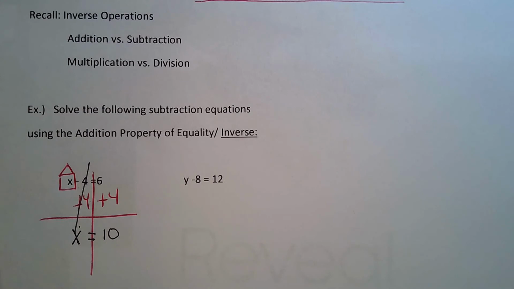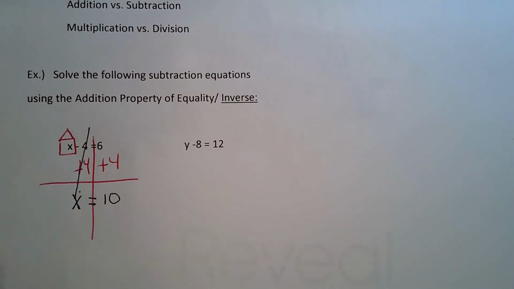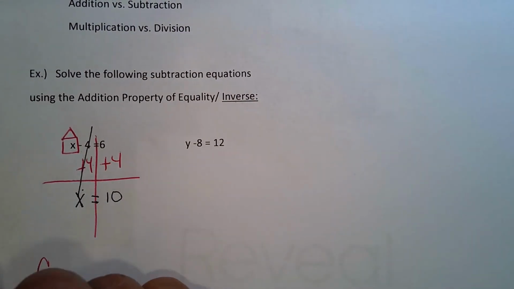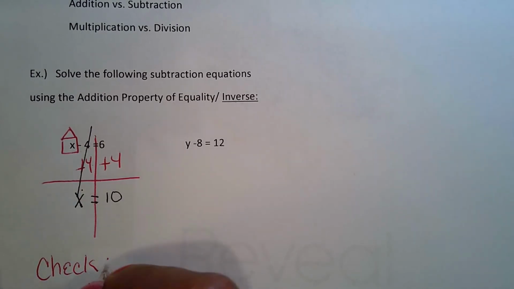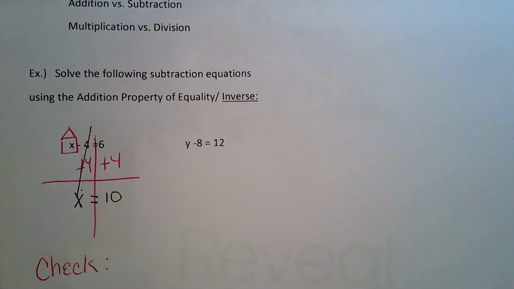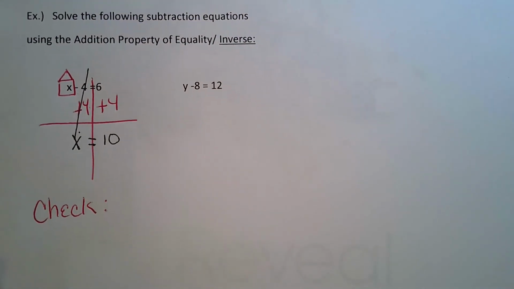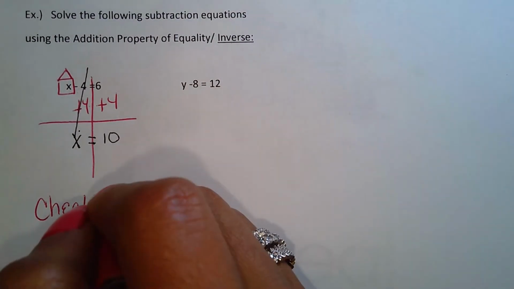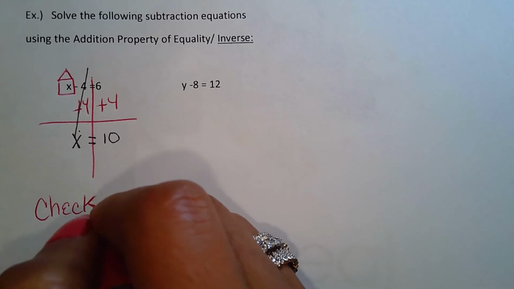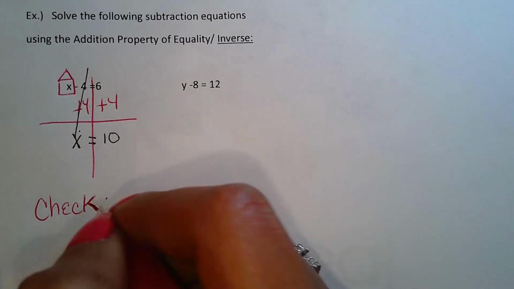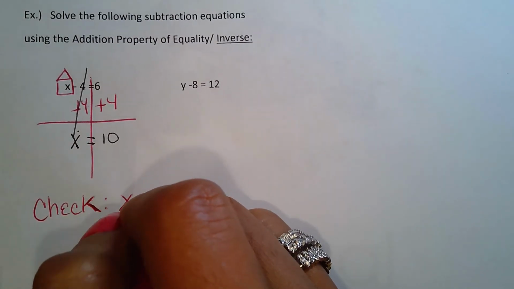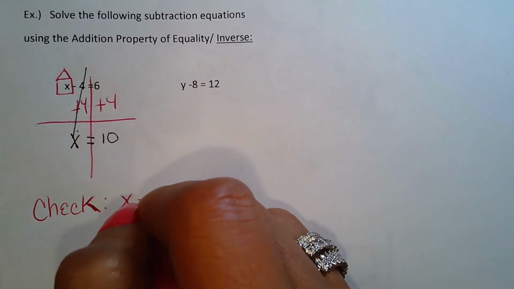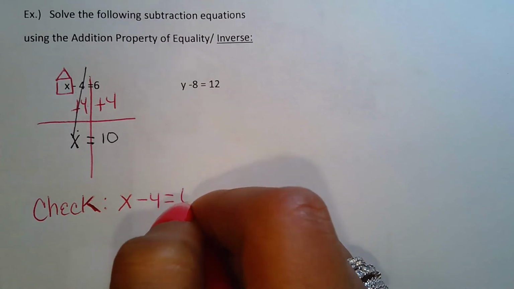I'll take it a step further just to show you that you can check your answer. So you want to rewrite the original problem. I'm going to shift this up some. All right, so anyways, I'm going to rewrite my original problem, which is x minus 4 equals 6.